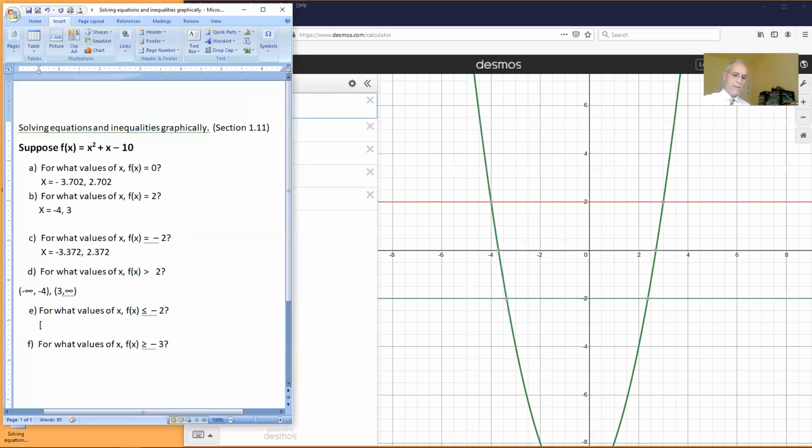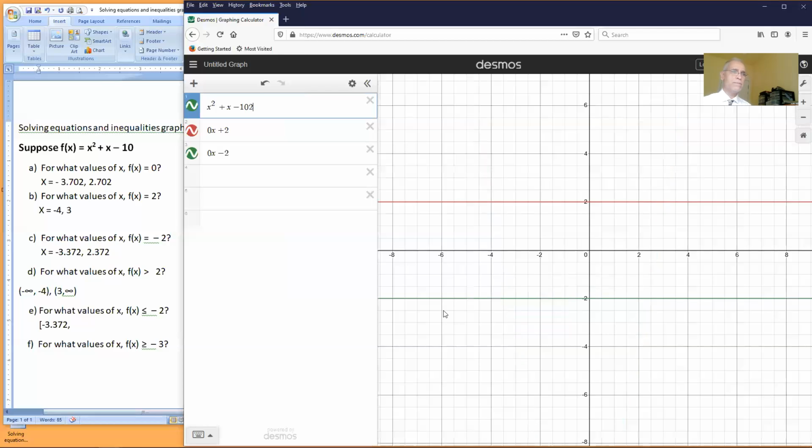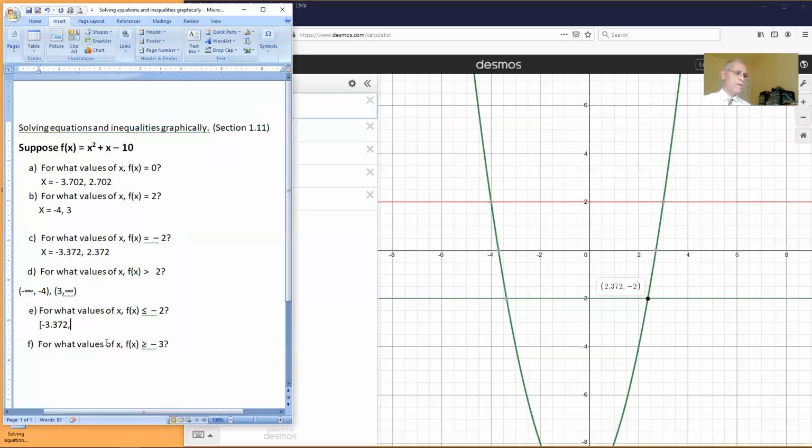Brackets, negative 3.372, all the way to this value, 2.372.